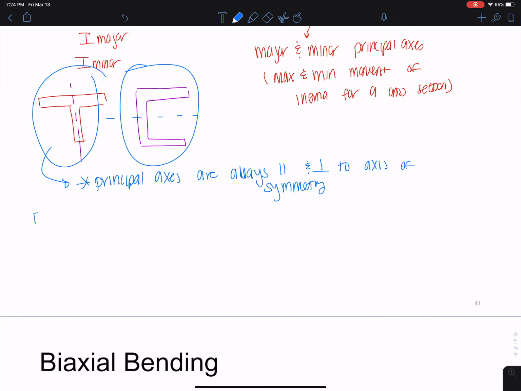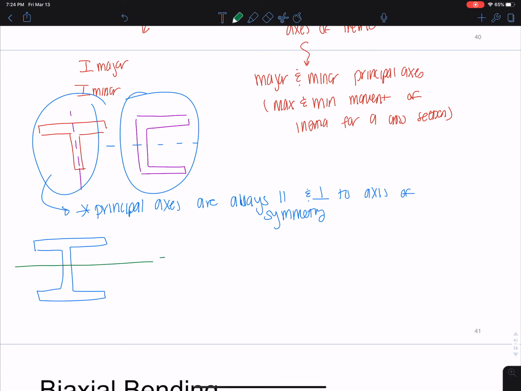If we had something that looked like this, this would basically be my z, the axis where the bending occurs, and this perpendicular axis is going to be my y, and our Iz is our I major, our Iy is our I minor here.